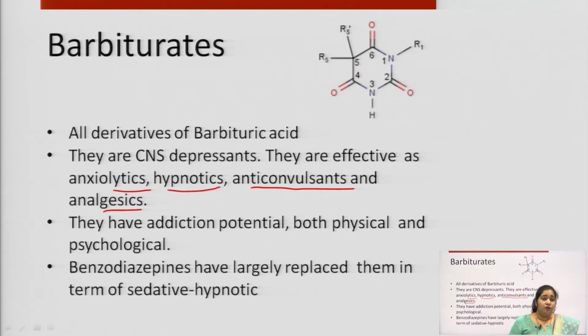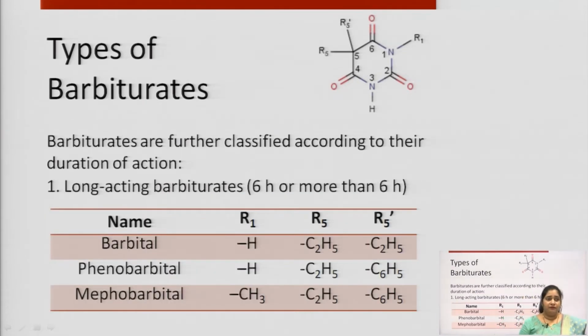They have a very high addiction potential, in terms of both physical as well as mental dependence. Because of this property, benzodiazepines have largely replaced them when we talk about sedatives and hypnotics. So, first of all, we will study the different types of barbiturates.